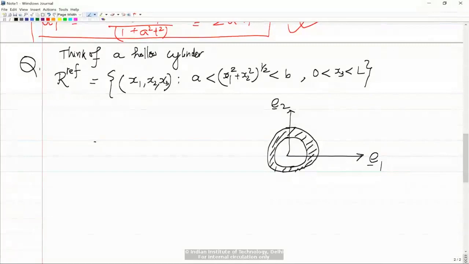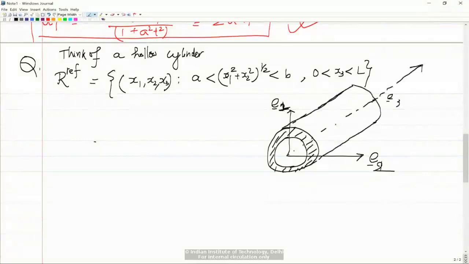Let's make this E1 and this as E2, so that going inside is your E3, and then the cylinder is along this E3 direction, of length L. So these components x1, x2, x3 are obviously with respect to E1, E2, E3, as shown in the picture.